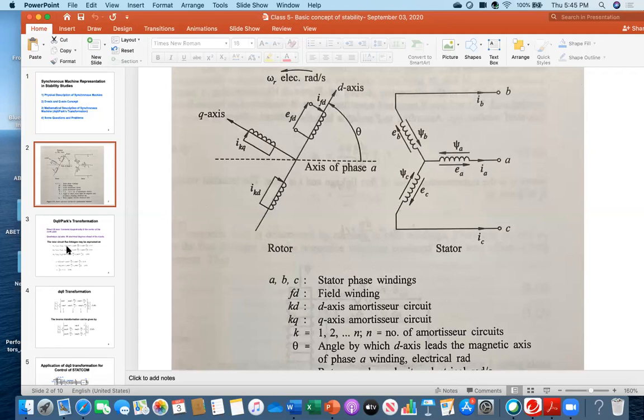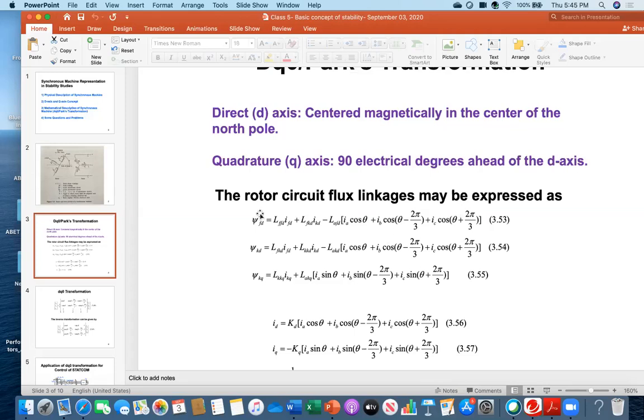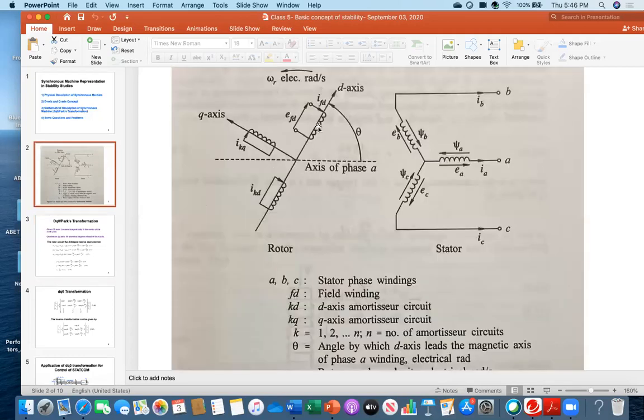Now, here I started talking about the rotor circuit flux linkage that I am showing. When I express the rotor circuit flux linkage, automatically these things will be included. So now let's see how those things can be included in the analysis of the d-axis or q-axis, in other words in the rotor analysis.